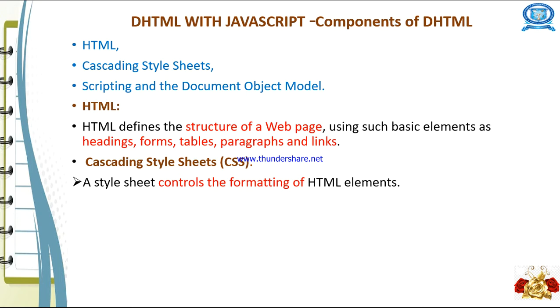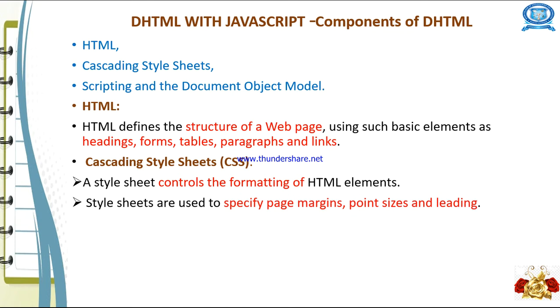Next, the second one, CSS, cascading style sheet. It is a style sheet which controls the formatting of HTML elements. First you know the concept of HTML, what the use of HTML is, then move to CSS. Style sheets control the formatting of the HTML elements.